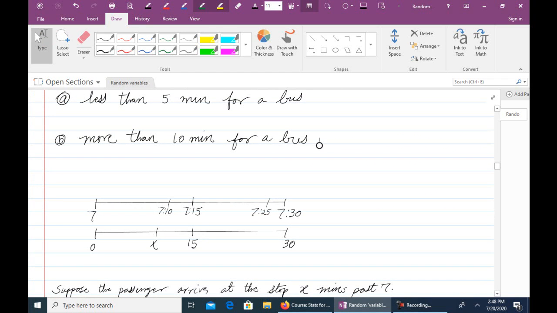Well, if he waits more than 10 minutes, that would mean that he has to arrive before 7:05 a.m., that is, x would have to be less than 5, or he has to arrive between 15 and 20, in other words, between 7:15 and 7:20.